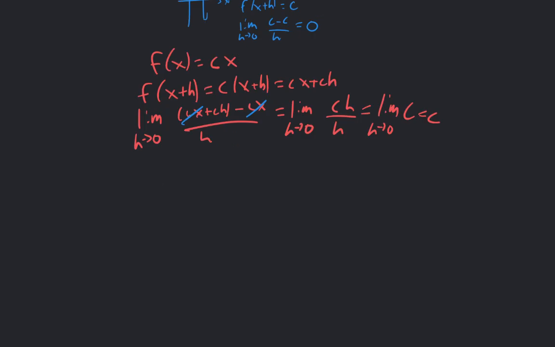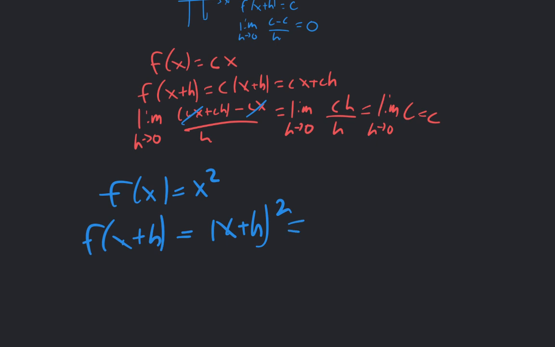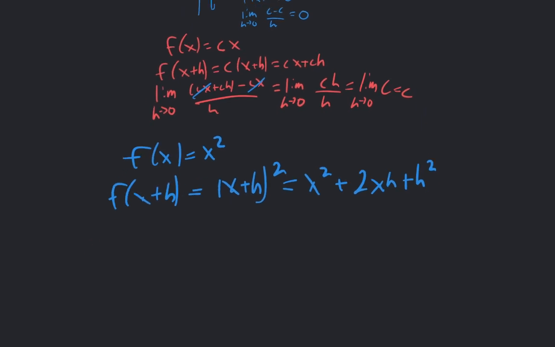If we say f of x is equal to x squared, now we have f of x plus h, which is x plus h squared, which is x squared plus 2xh plus h squared. Just simple multiplying it out.